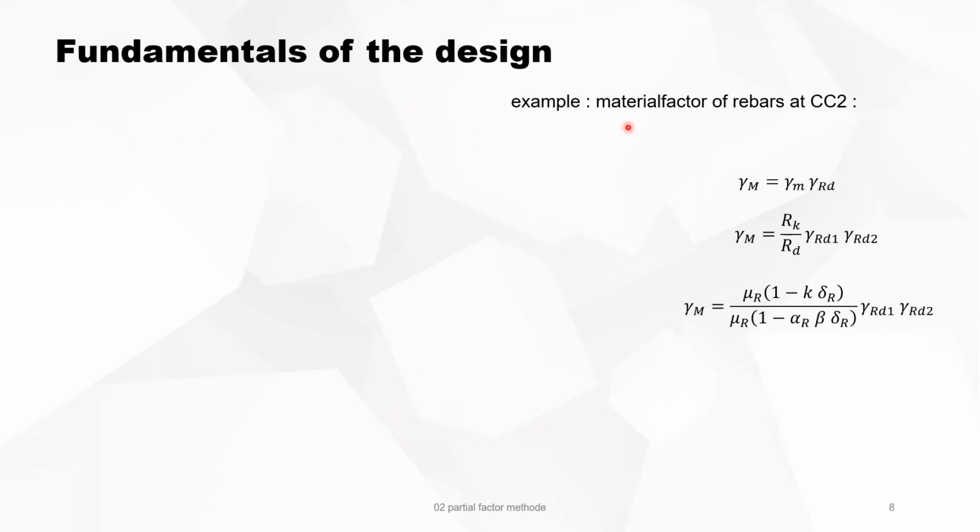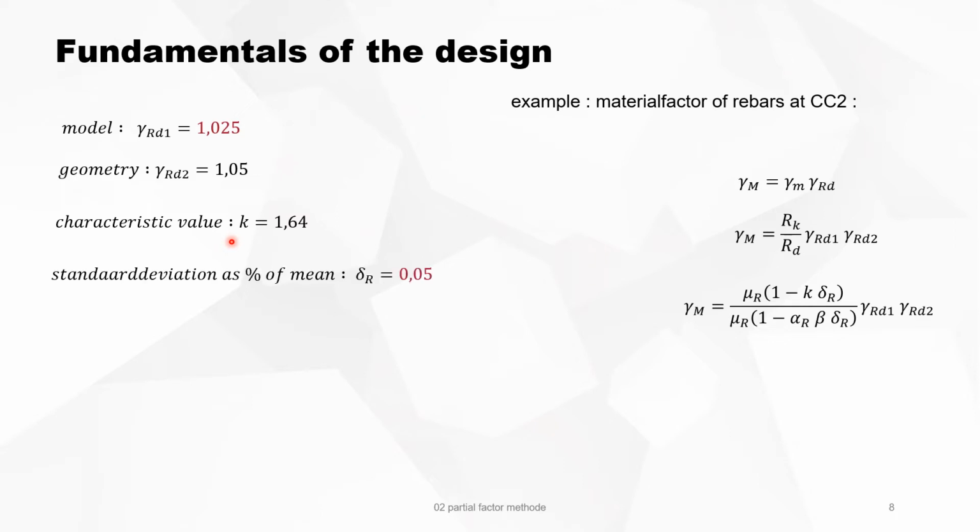Let me give you another example, for the material factor of the steel or the rebars at consequence class 2. It's always the same principle. For steel, gamma RD1 is 1.025, and for the geometry it's the same as for the concrete, 1.05. The characteristic value stays the same at 1.64.